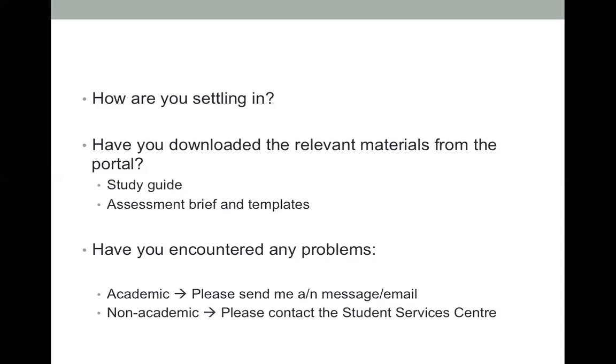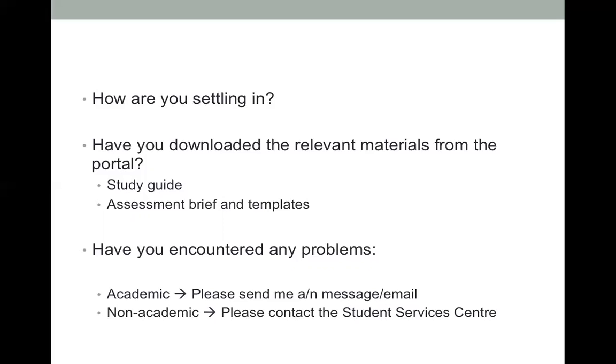Again, another checklist for you. Have you downloaded the relevant materials from the portal? Look, in my observation, I strongly believe that all students in our class should be able to complete the subject successfully. It is probably about time management, because we have several commitments.